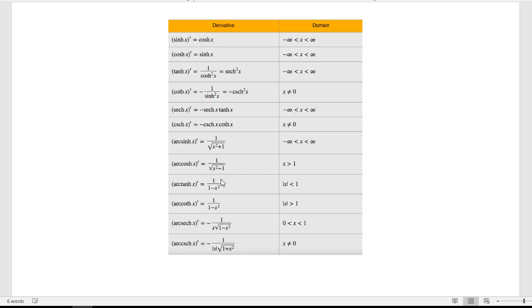Now, if you go back and look at derivatives of trig functions and derivatives of inverse trig functions, these are all really similar. So we could spend 20 to 30 more minutes doing more examples where we take derivatives of inverse hyperbolics, where we do the product rule or the quotient rule or the chain rule, and so on.